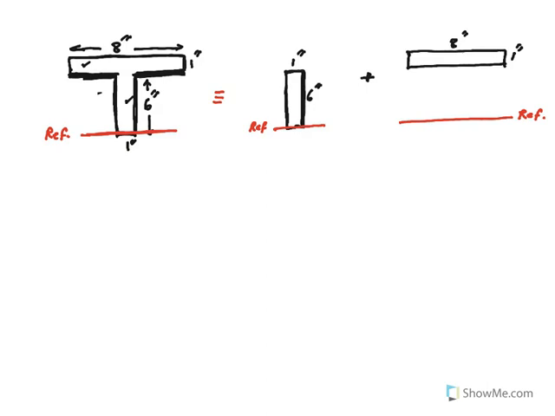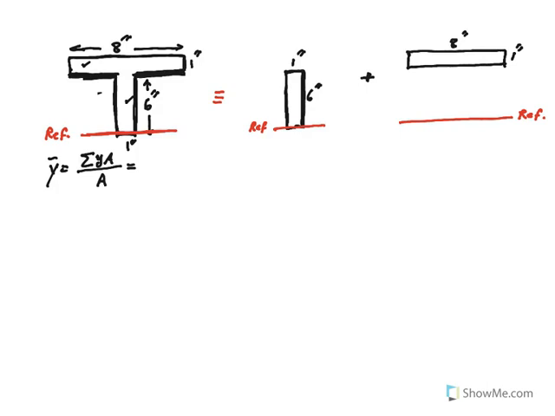You guys remember that the centroid, y bar, can be determined by using the first moment of area divided by total area. So I already broke this into two pieces, the web and the flange. And remember, I need a reference, so I picked this red axis here as my reference line, right? I'm going to determine the centroid with respect to this reference.